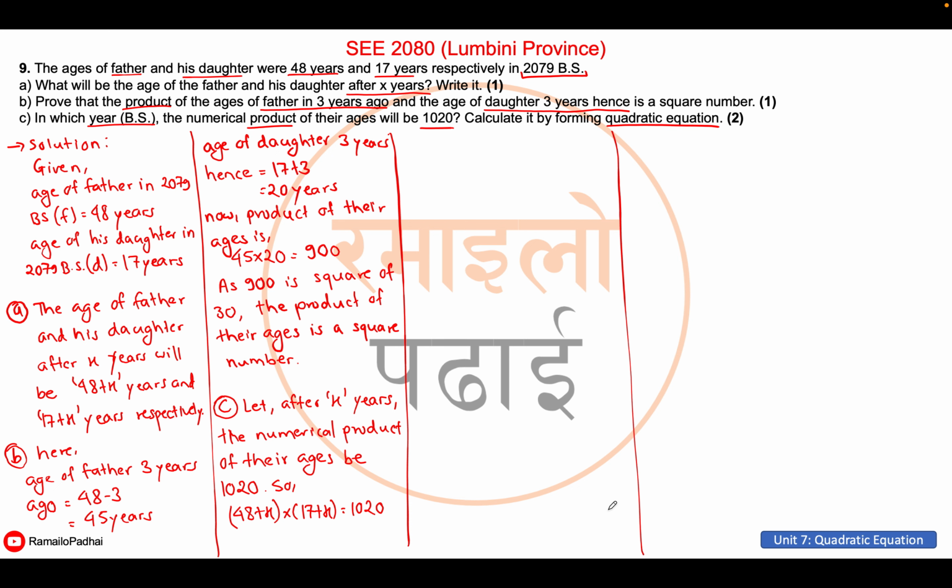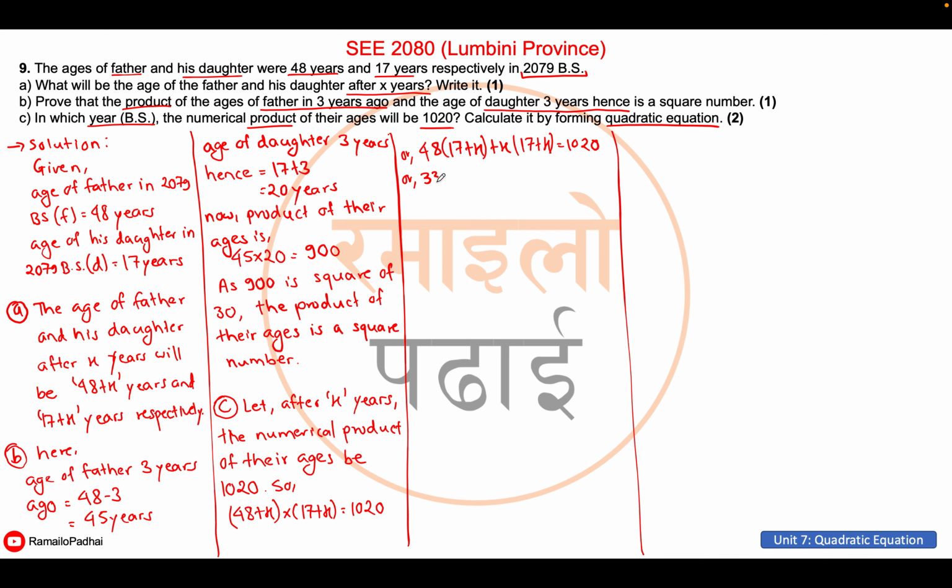Okay, or we will open the bracket, 48 times 17 plus x times 17 plus x is equals to 1020, or 48 times 7 is equals to 336.